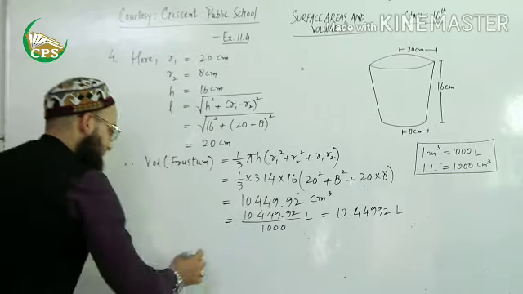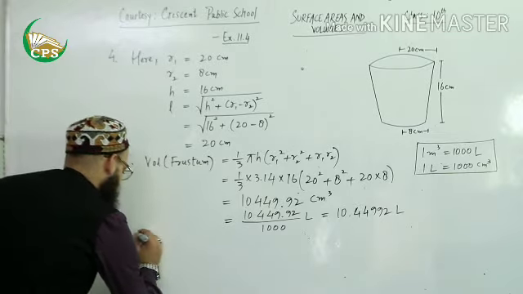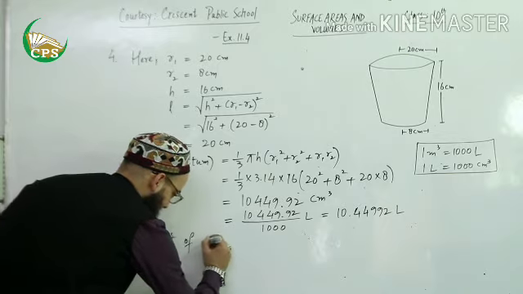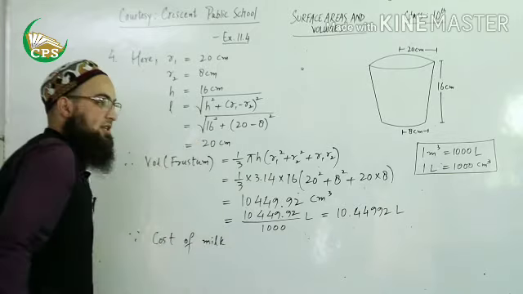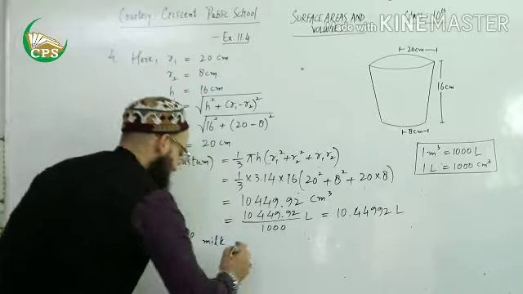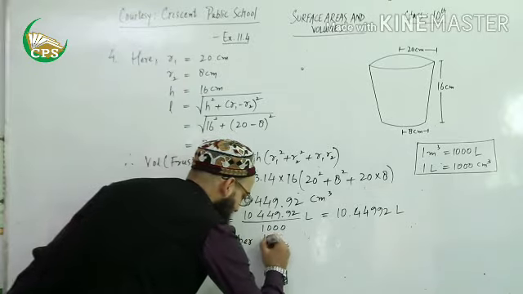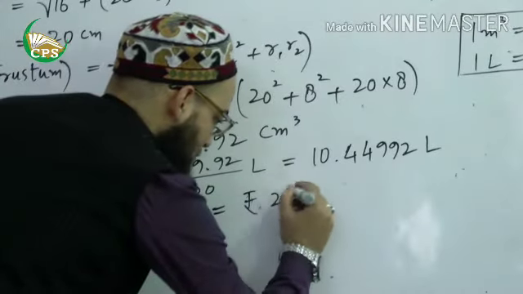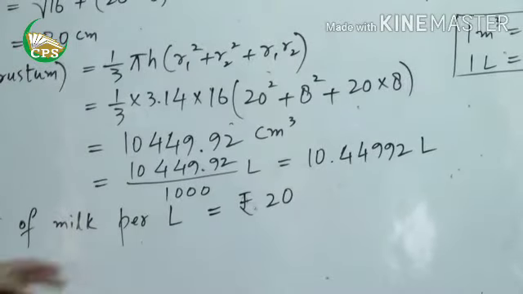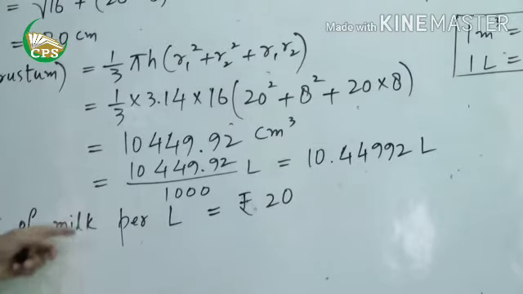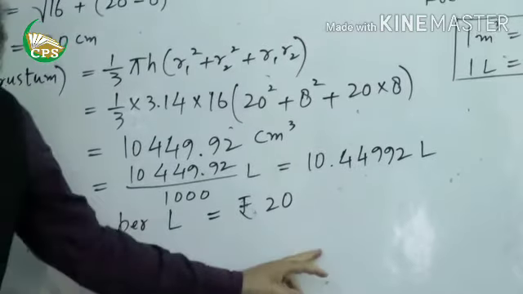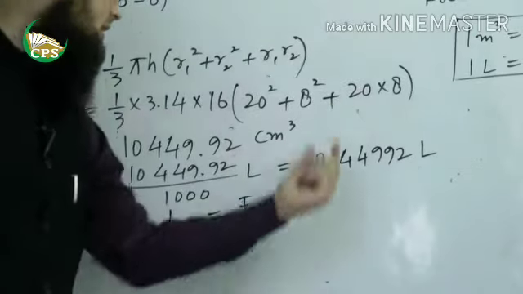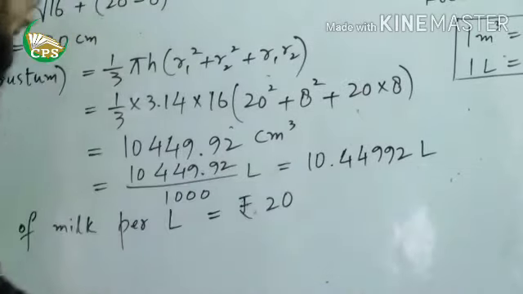Now, after that, since the question says cost of milk per liter is rupees 20, in other words, the cost of 1 liter of milk is rupees 20, and the capacity of this container is 10.44 liters.